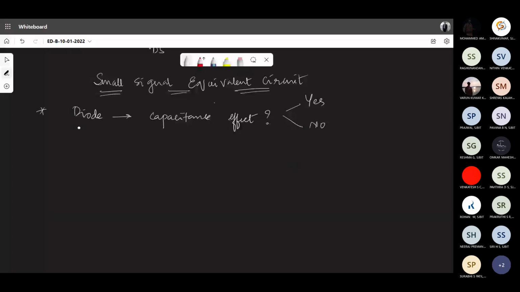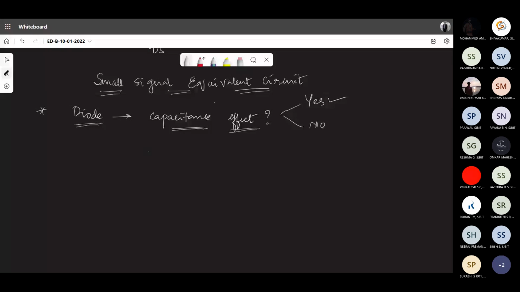But if you have studied anywhere and can recall something relating to capacitance and diode, tell me, is there a capacitance effect in a diode? The answer is yes. The diode possesses the capacitance effect.